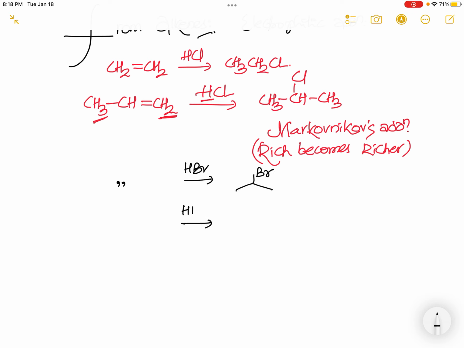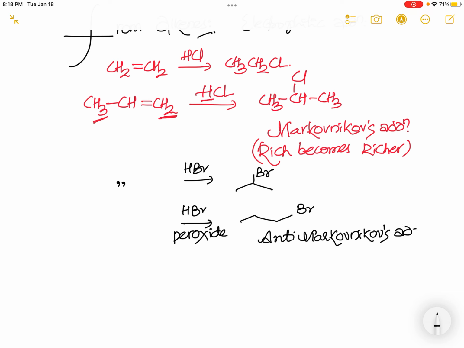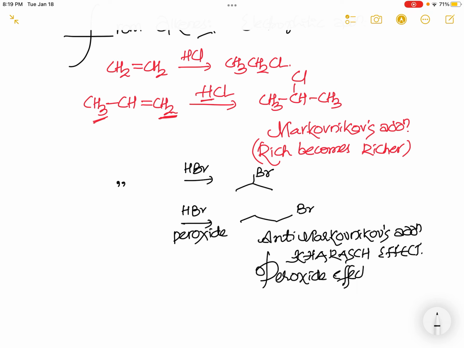But if you do the same reaction with HBr in the presence of peroxide, then anti-Markovnikov addition takes place, which is also called the Kharasch effect, also called the peroxide effect. The Kharasch effect or peroxide effect gives anti-Markovnikov addition.